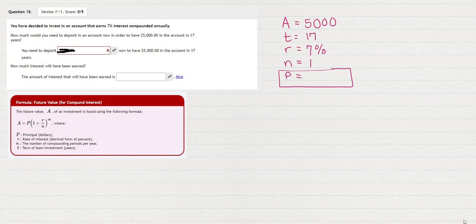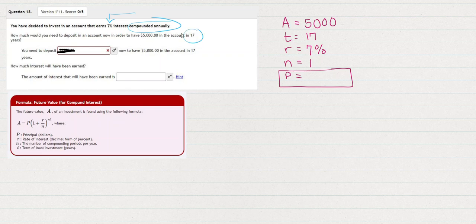Here's another example, one that I'm going to say is a little easier because we're compounding annually. So if we've got 17 years, n is going to be 1 because it's 1 time a year. Notice, by the way, that the interest rate needs to match the time.